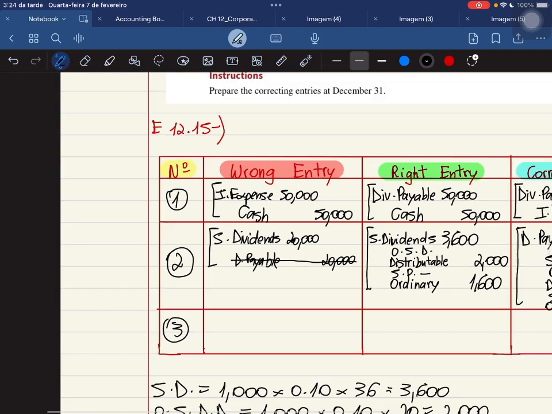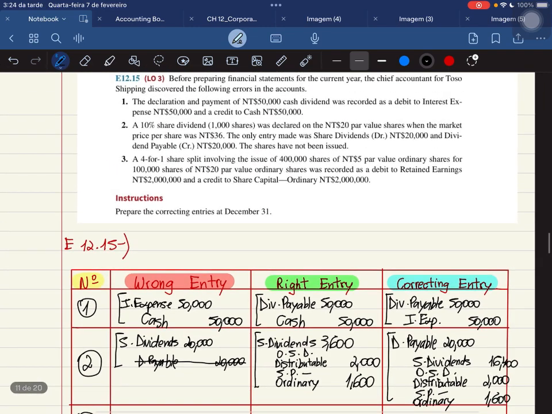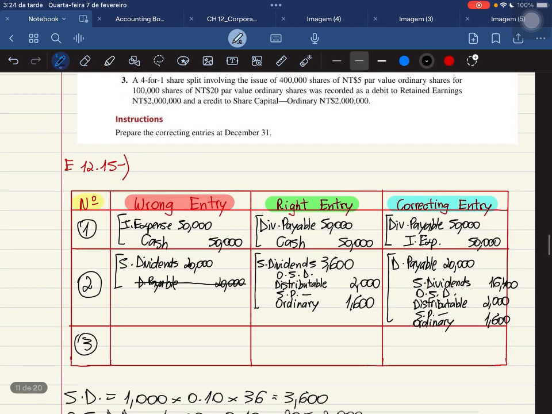Okay, let's see number 3. A 4-for-1 share split involving the issue of 400,000 shares of 5 NT par value ordinary shares for 100 shares of 20 NT par value ordinary shares was recorded as a debit to retained earnings of 2 million NT and the credit to share capital ordinary of also 2 million NT.